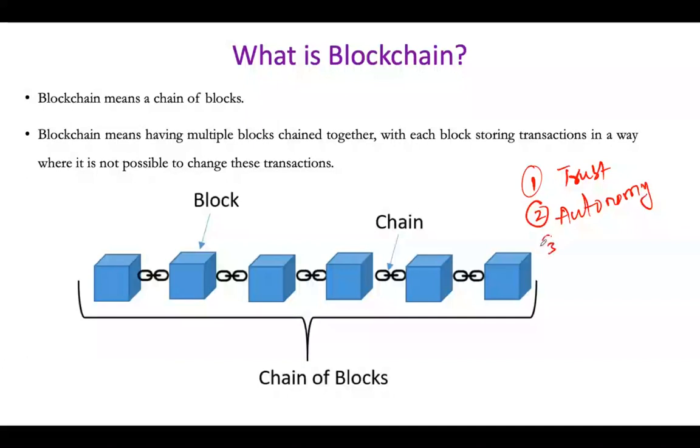And the third way in which blockchain helps is intermediaries. Blockchain-based applications can help remove the intermediaries from existing processes.